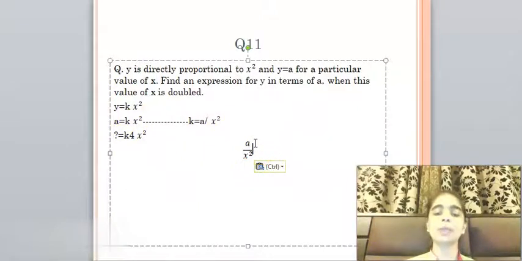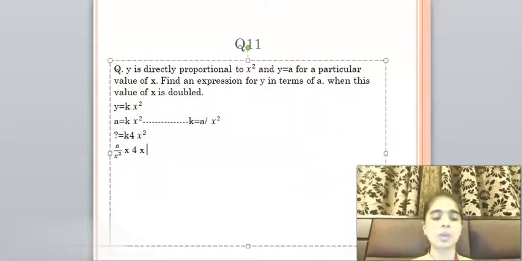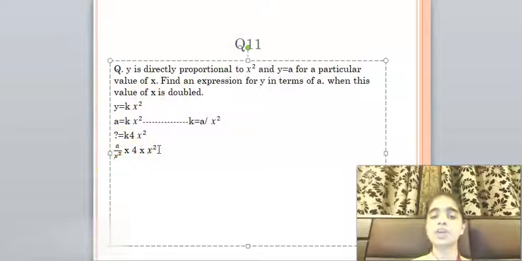I will copy the rest of the equation, so this is multiplied by 4 and then multiplied by x square. This x square and this x square will cancel out. I'm left with 4a. So my answer is 4a.